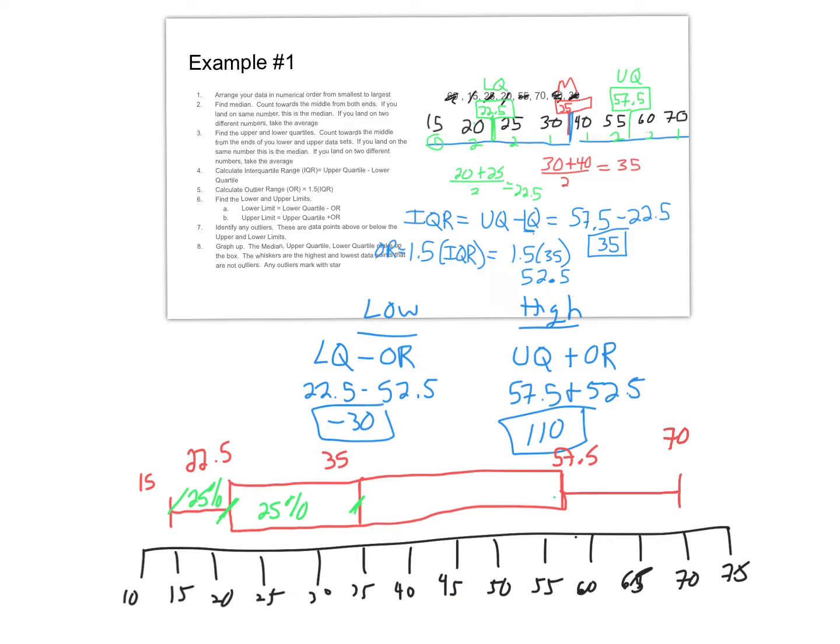Between the median and the upper quartile is 25% of your data. And upper quartile to the maximum, again, is 25% of your data. Okay, so again, 100% of your data, and this shows you how much of the data was where. All right, so let's take a look at another example.